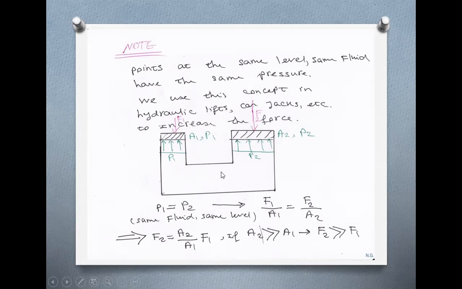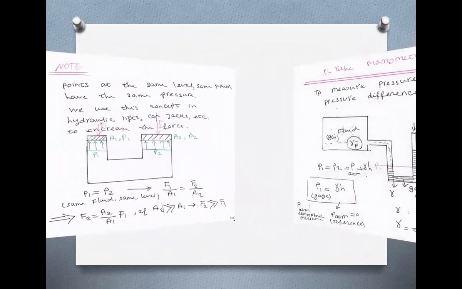So you can create a large force here with a small force F1 that you exert here, just by the ratio between these two, if A2 is way larger than A1. Is there any question before I proceed? So that very simple concept, that points on the same level, the same fluid, experience the same pressure, we use that in making these machines.